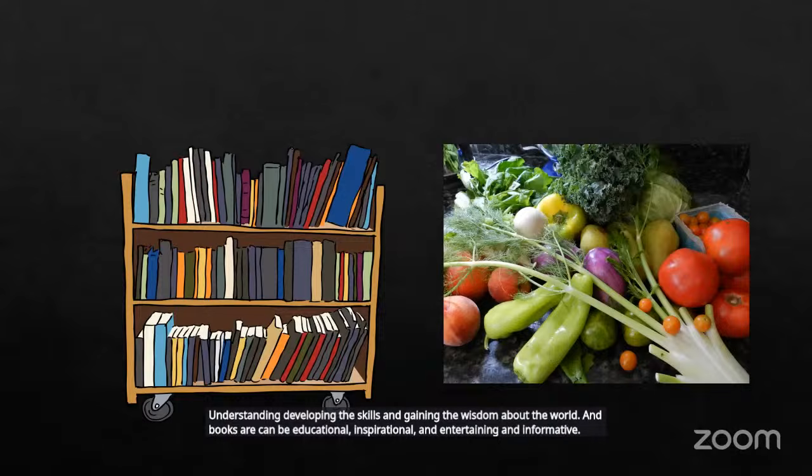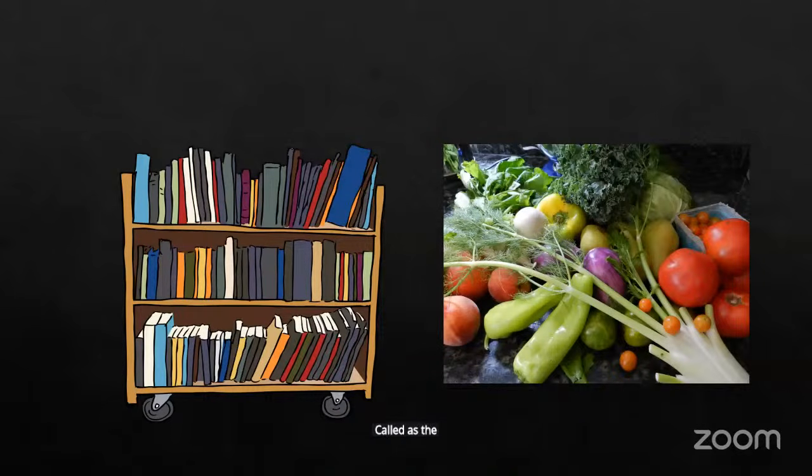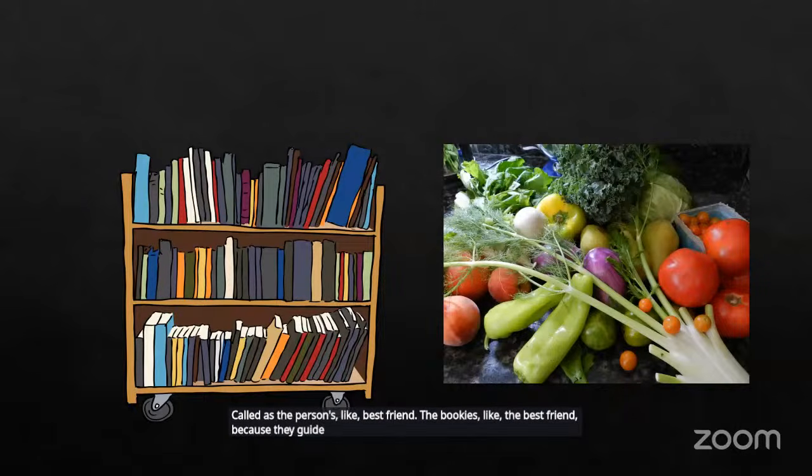Books enhance vocabulary, creativity, and critical thinking. They are often called a person's best friend because they guide and inspire people throughout life. Books are the gateway to knowledge and success, helping people learn and grow through a thoughtful life.